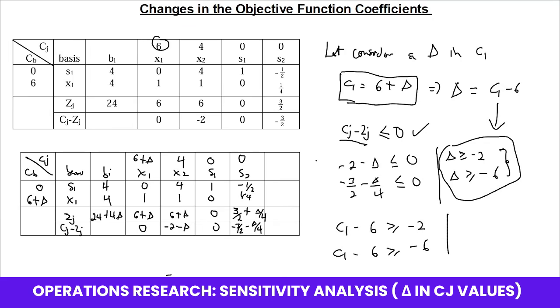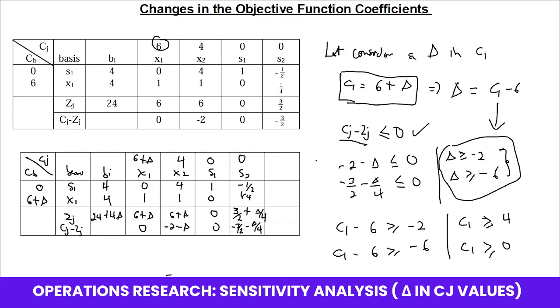So we make C1 the subject for each of them. Then we are going to have C1 greater than or equal to, so minus 6 will go to the other side, minus 2 plus 6, that will be 4. And then we have C1, minus 6 will go, so minus 6 plus 6, that will give us 0.